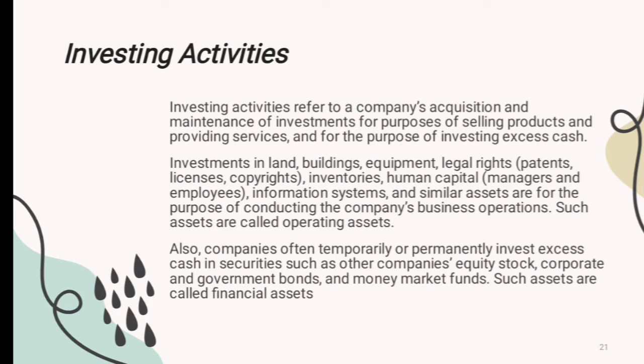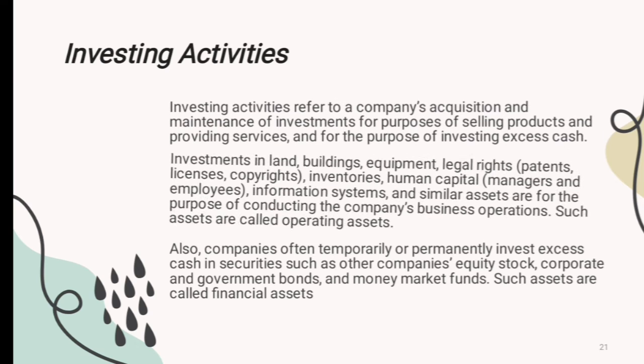Also, companies often temporarily or permanently invest excess cash in securities, such as other companies' equity stock, corporate and government bonds, and money market funds. Such assets are called financial assets.